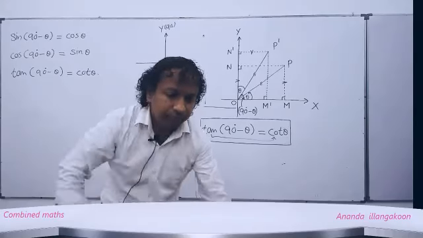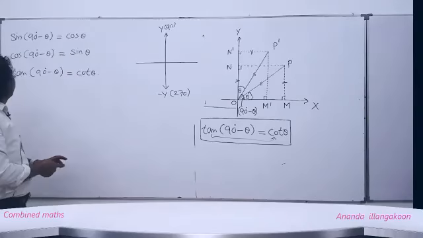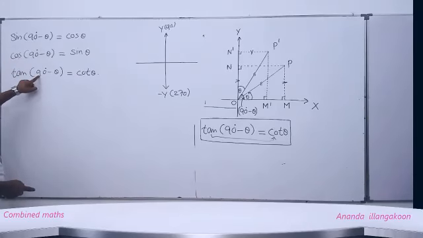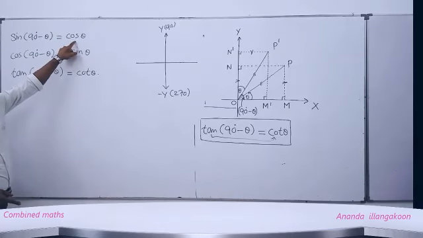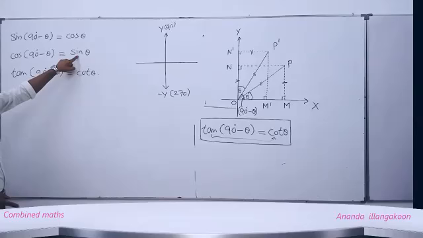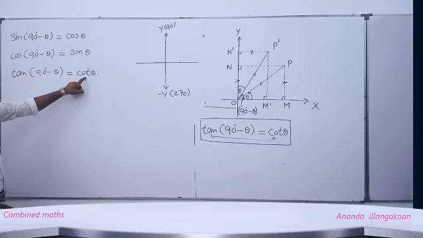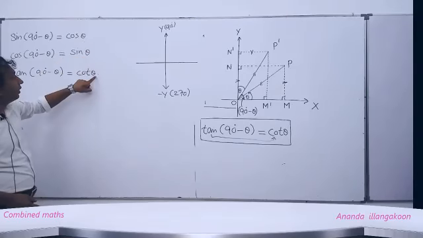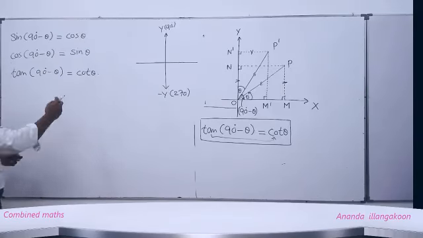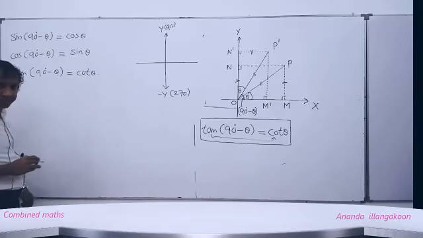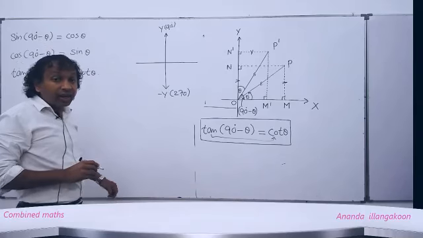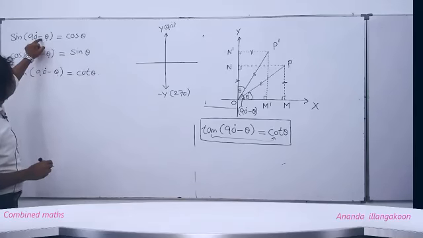Right. Remember this. If the first angle is on the y-axis in the left hand side, the sine turns to cos, cos turns to sine, tan turns to cot. The right hand side angle is the second angle inside the bracket in the left hand side. There can be a plus sign also in between.